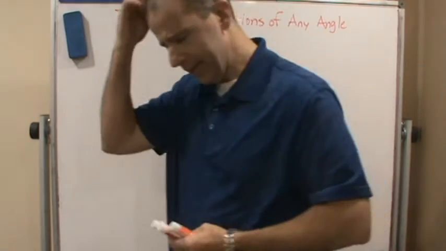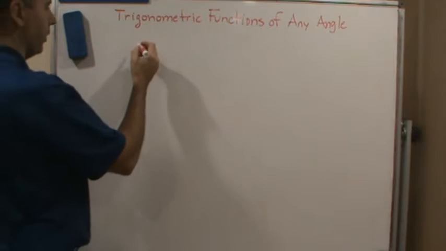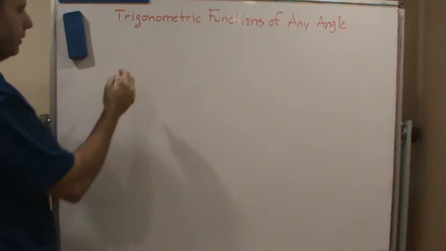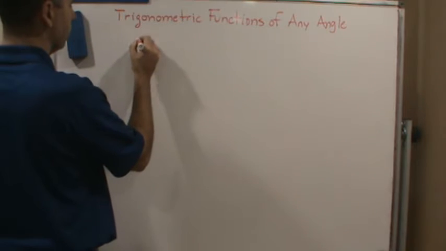Now, let me write down some of the formulas that are going to be helpful. I'm going to use alpha to represent the reference angle. Theta is going to represent the required angle. So if we're in the first quadrant, how do I want to set this table up?